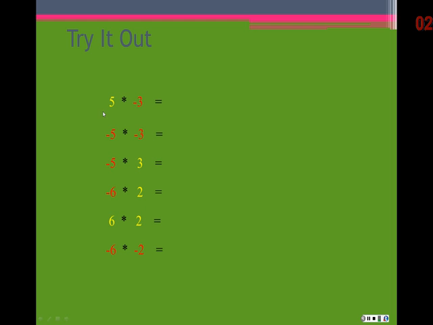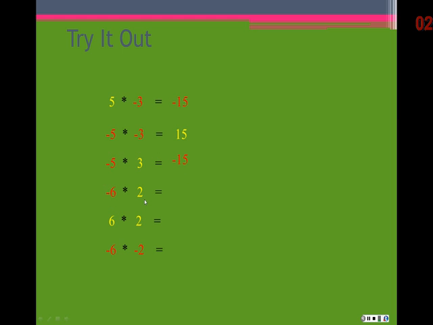So what is 5 times a negative 3? Negative 15. Negative 5 times negative 3. Positive 15. Negative 5 times 3. Negative 15.